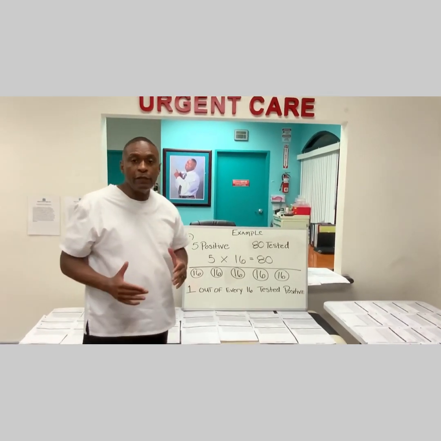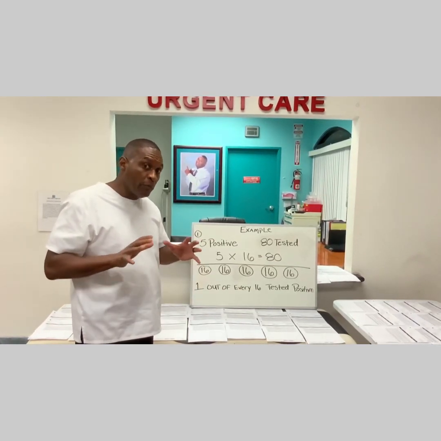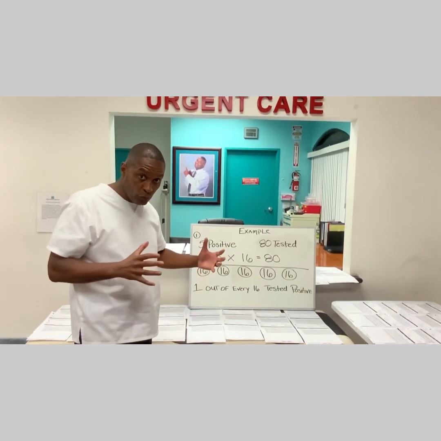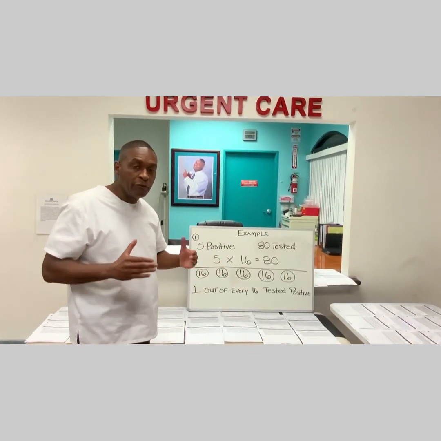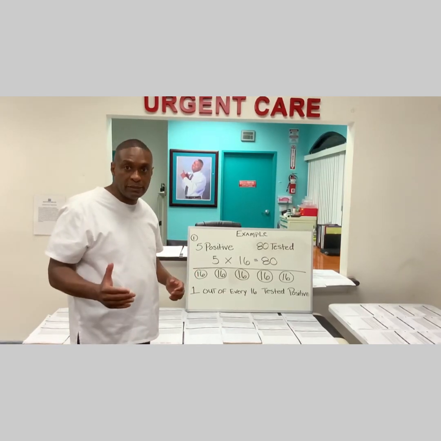Which means if you're in a group of 16 or more, there's a high chance that someone within that group is positive for COVID-19. Remember, my sample represents a microcosm of what's going on on a global scale, but it gives you a clear eye view of how prevalent the disease is now.